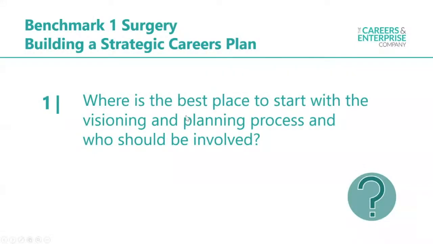So the first question that kept re-emerging was about the strategic planning, and colleagues asked, where's the best place to start with visioning and the planning process, and who should be involved? So the suggested format in the guidance document can be adapted to suit your needs.